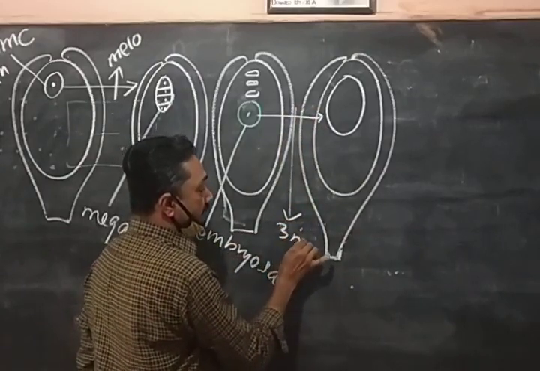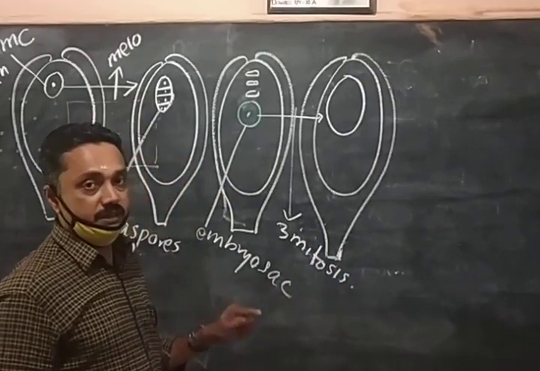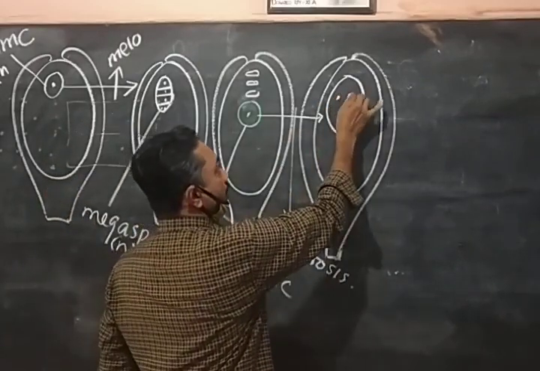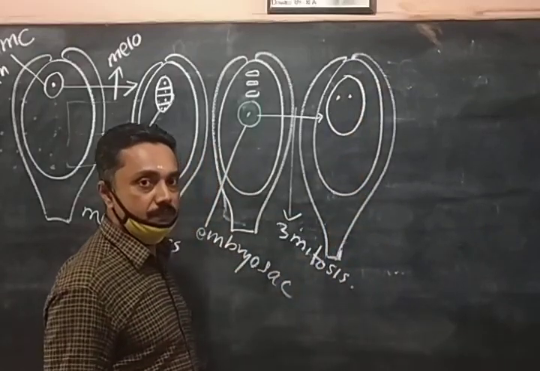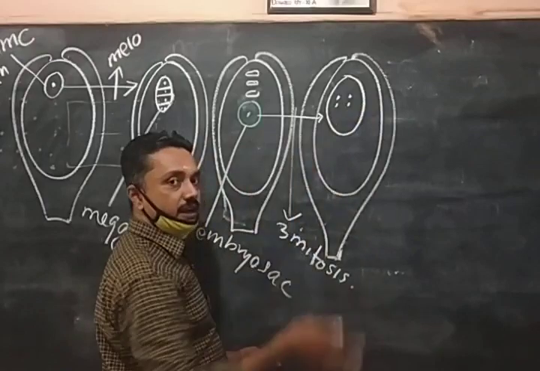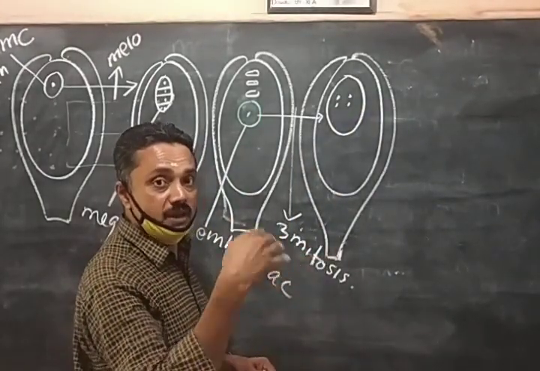I will represent that. The nucleus divides 3 times: first into 2, then by the next mitosis 2 into 4, and again another mitosis, 4 becomes 8.